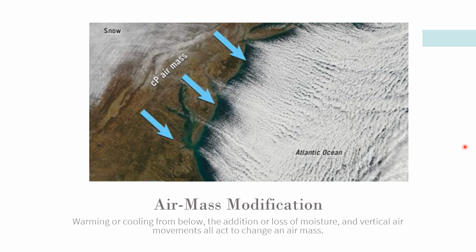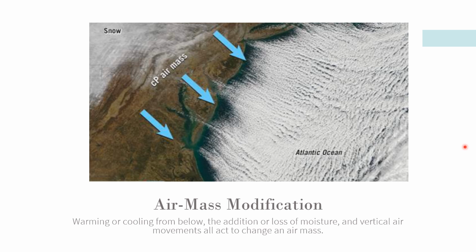So what happened in this one is that, you remember, an air mass is a large volume of air that is relatively uniform horizontally. For example, uniform in temperature and water vapor concentration over thousands of kilometers.